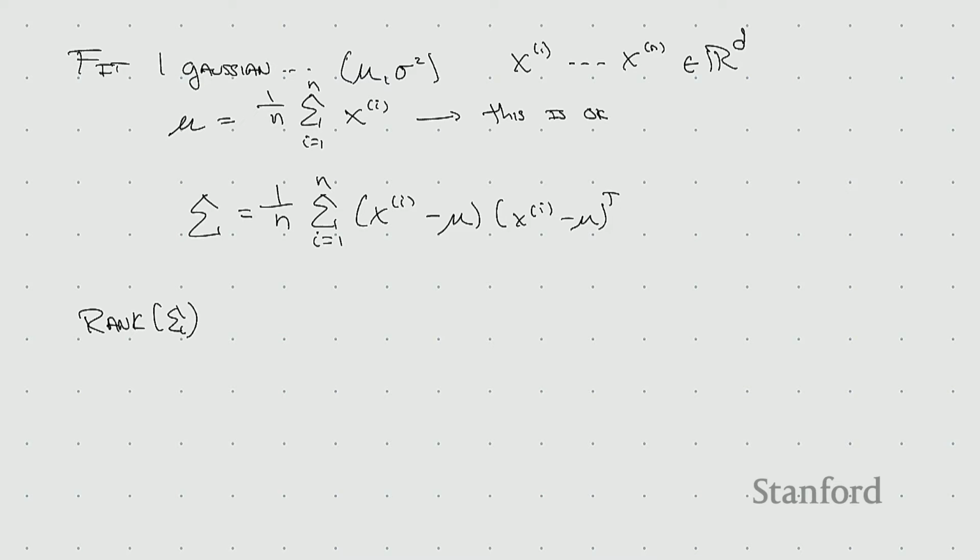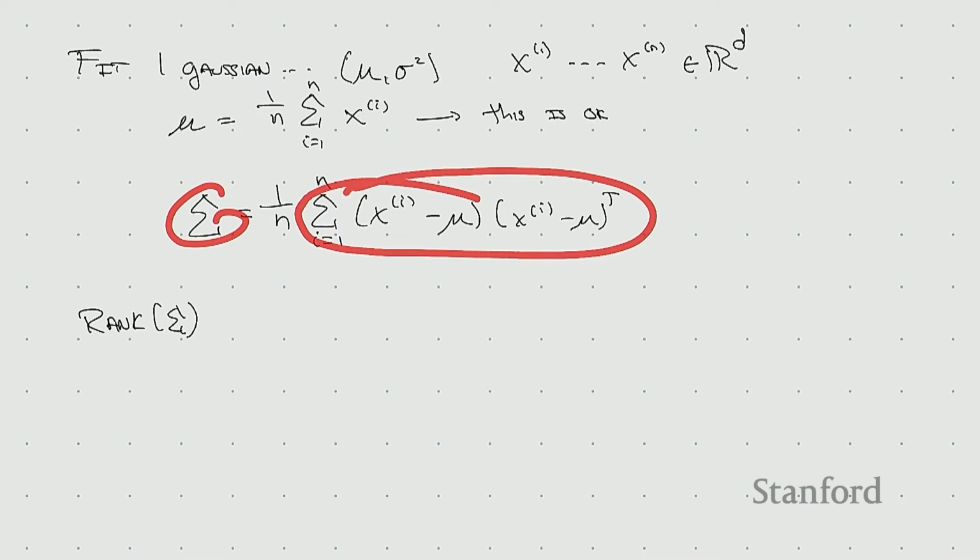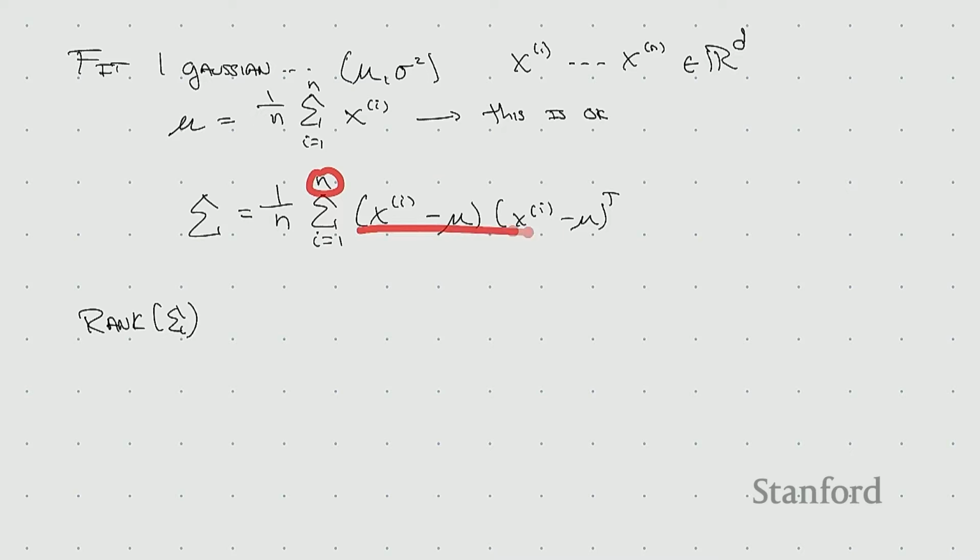Well, generally, we've been assuming when we did linear regression and everything else, the rank was at least d, the number of dimensions. Like it was a full rank object, right? But the problem here is that d is much bigger than n. And I've just shown you that sigma can be written as a sum of n rank 1 matrices.